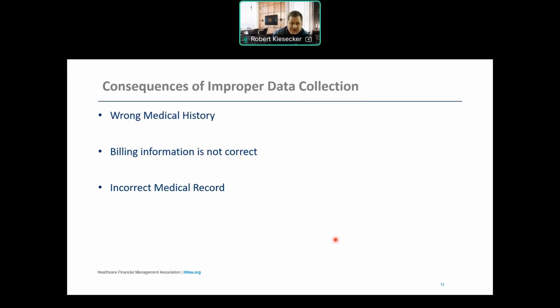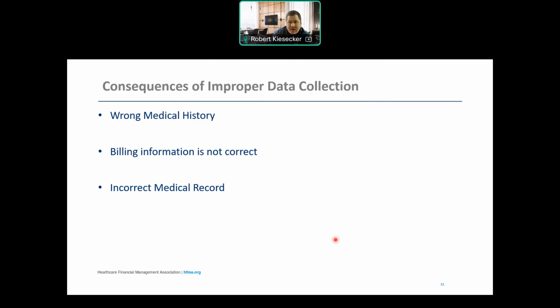You may have to contact the patient and say, hey, we sent the wrong information, or we did the wrong thing. You may see delays in payment or reimbursement because we didn't have the right information.